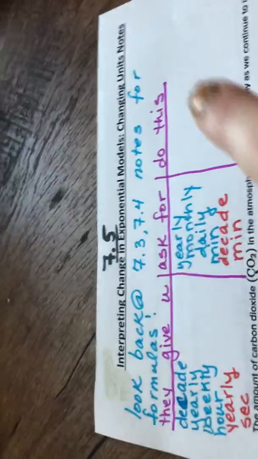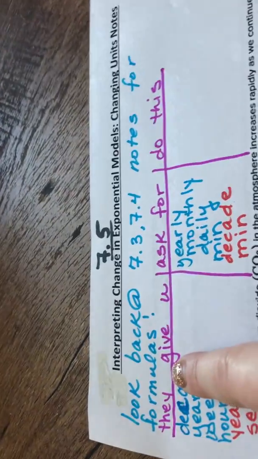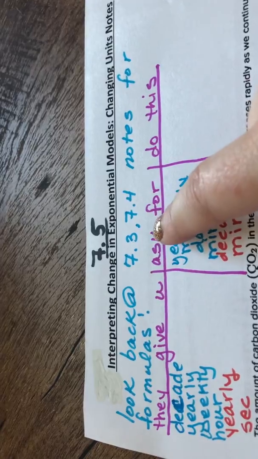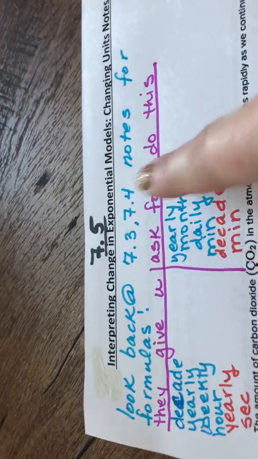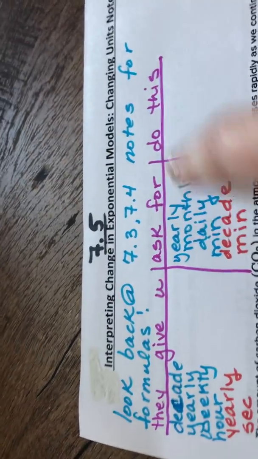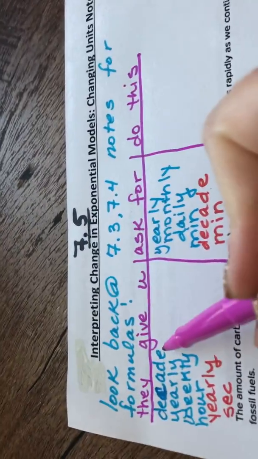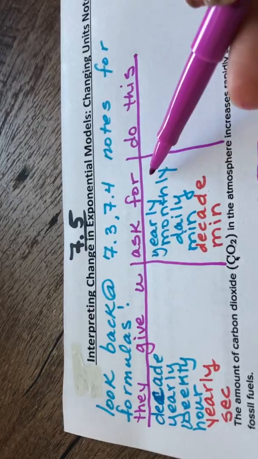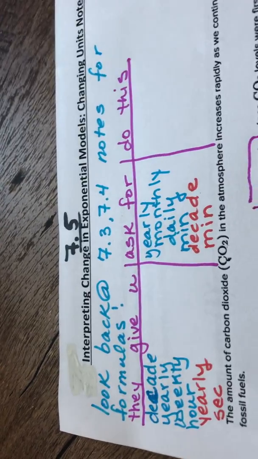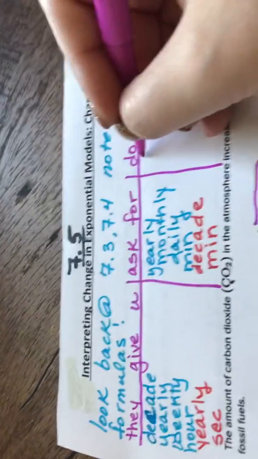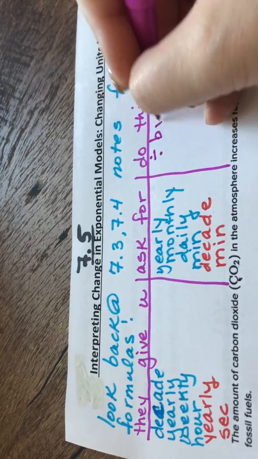Let's go up here to this little T chart I gave you. It says if they give you this and then they ask for this, then do this. If they give you decades and they want yearly, then we do something with a 10, and what we do is we divide by 10.